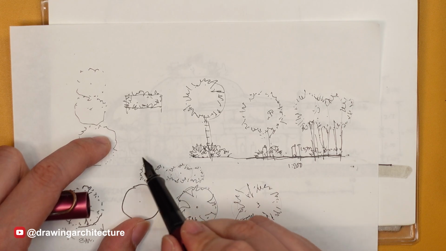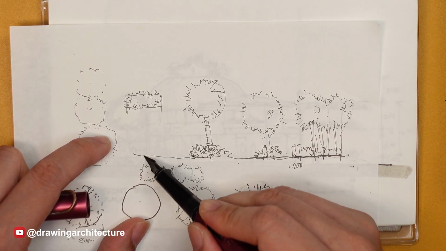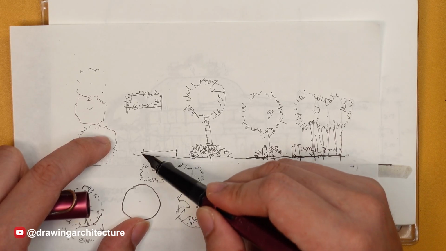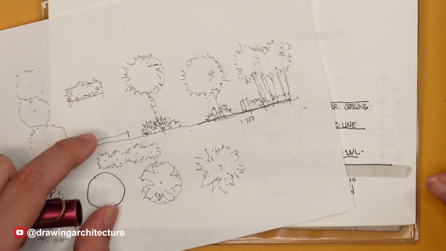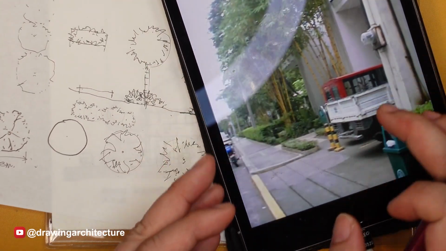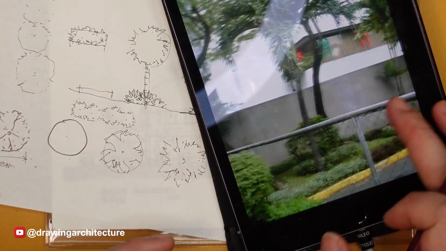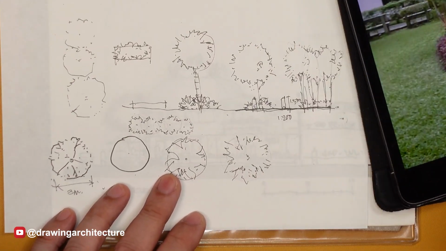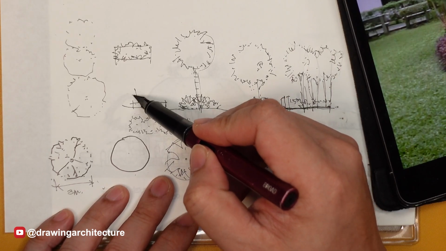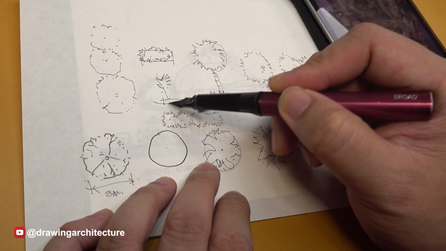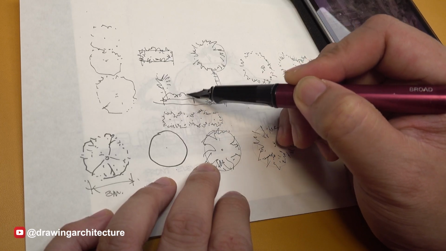So how do you do exactly a bush? Or say there's a planter and then you have a bunch of bushes. You can always again refer to what's existing. Say this is a good reference, for example. There are smaller types of palms, then smaller types of bushes.